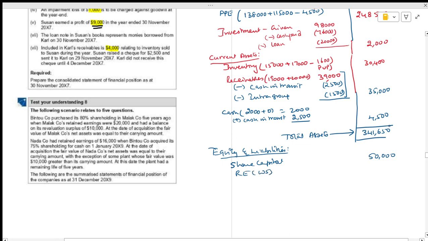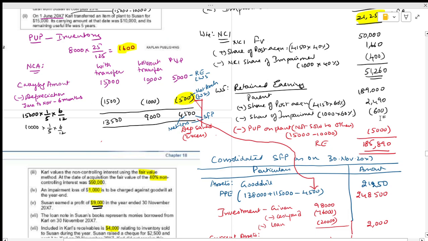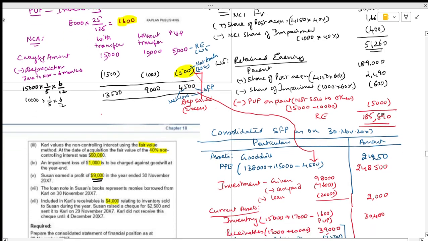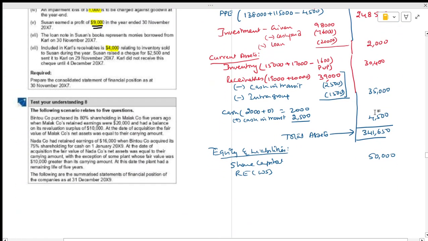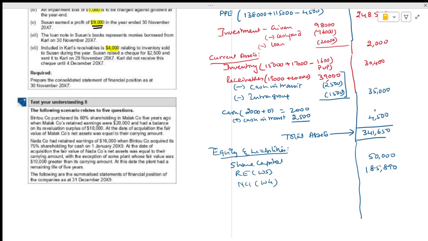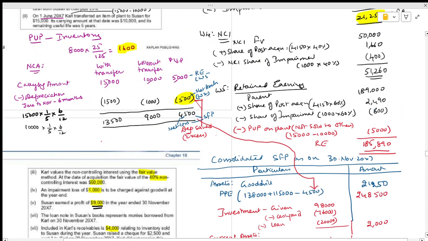How much is there? 185,890. Is it NCI, working 4?